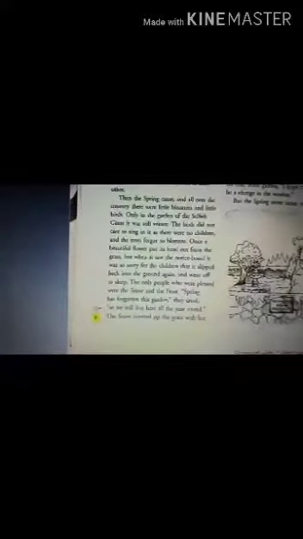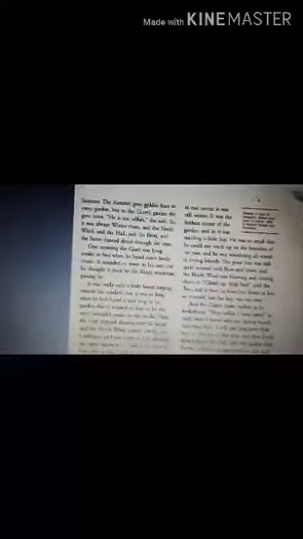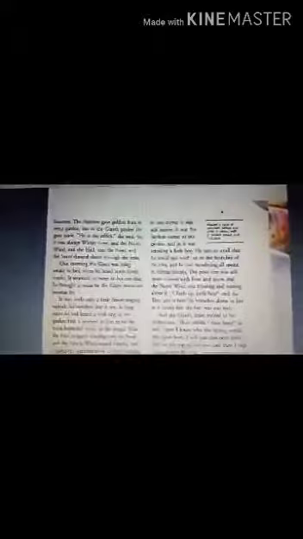But one day he saw a boy. Here you can see that children were in his garden, and he could see that spring had come to his garden.